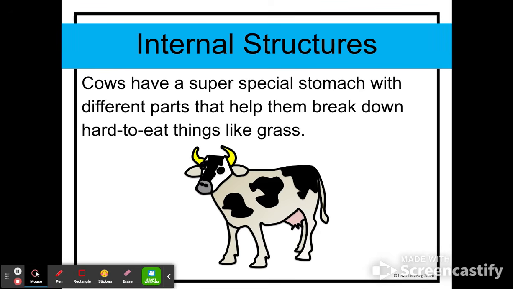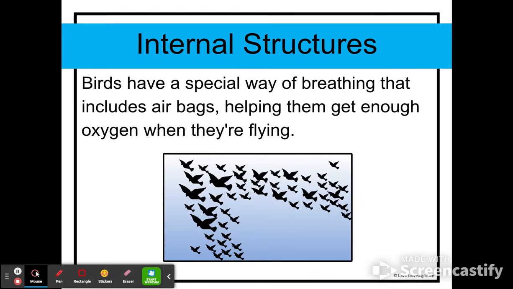So let's look at some internal structures. Cows have super special stomachs with different parts that help them break down hard to eat things like grass. Birds have a special way of breathing that includes airbags, helping them get enough oxygen when they're flying.